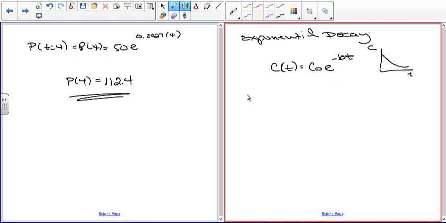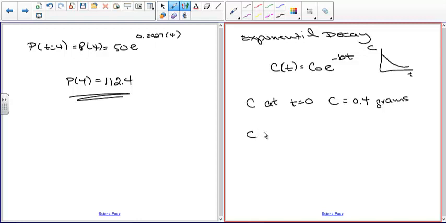So probably the easiest situation is where you're given an initial quantity. So we'll say c at t equals 0, c equals 0.4. I'm going to put units, grams.